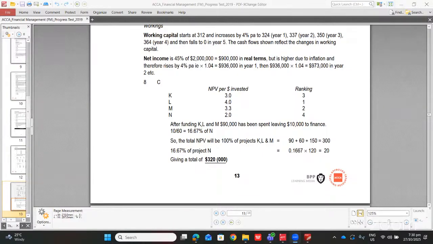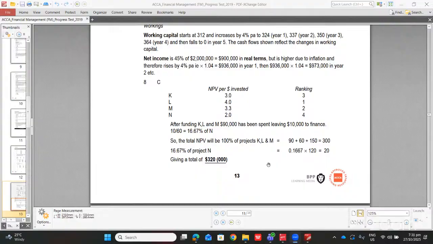So 10 over 60 is what you're going to invest. So you can invest in 16% of it and get 16% of the money. So you get 300 of the first 3 that you invest in, and then 16.67% of the 120 from N, giving you 320,000. All right, so that seems to be the answer there. It should actually be, so C is the answer there, 320,000 for question 8.